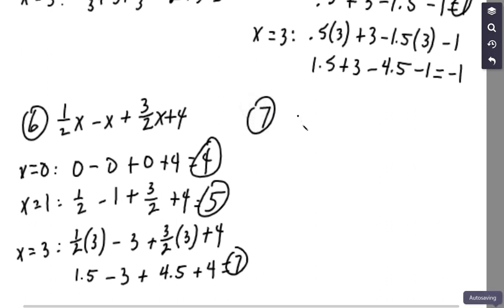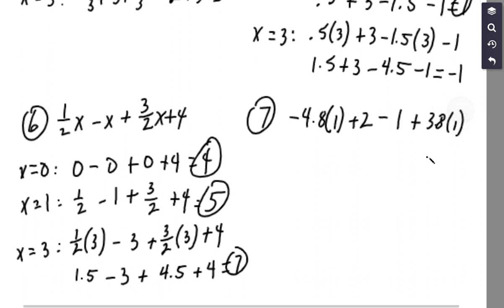So when I put 1 in there, it's going to be negative 4.8 times 1 plus 2 minus 1 plus 3.8 times 1. Okay, so that's going to give us negative 4.8 plus 2 minus 1 plus 3.8.